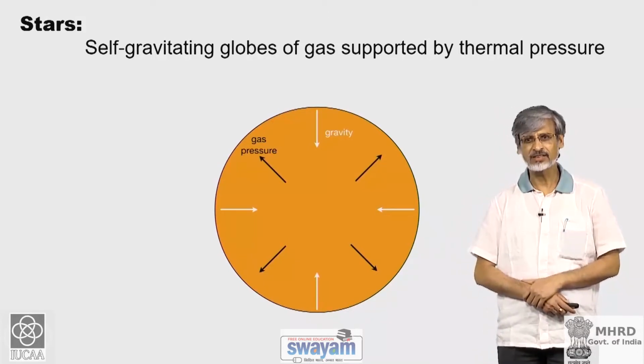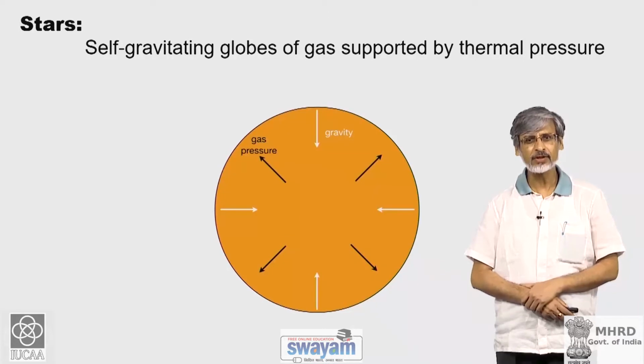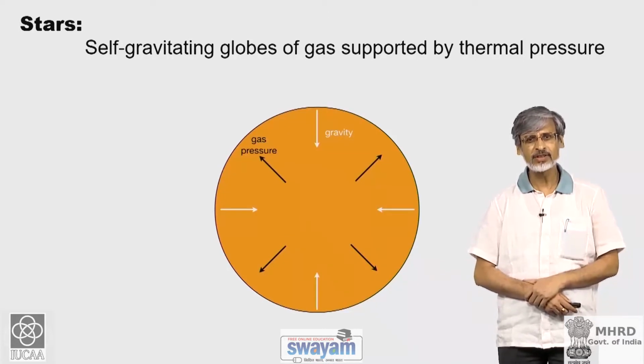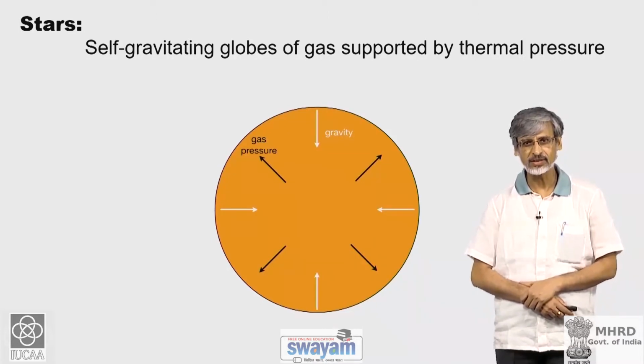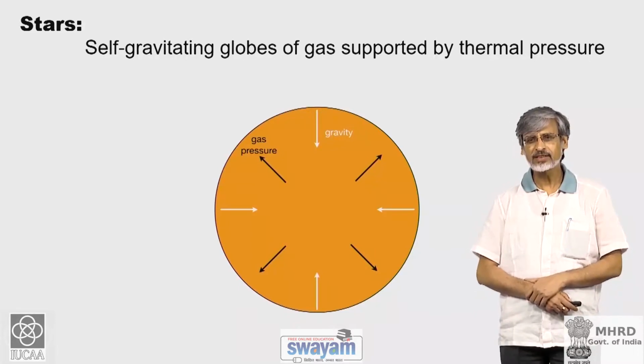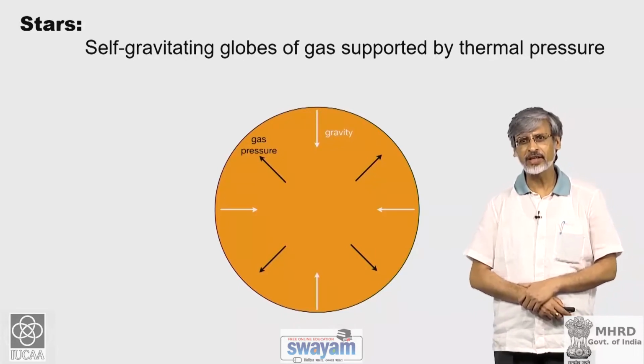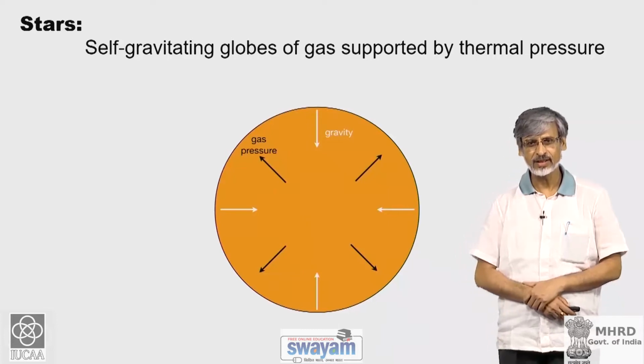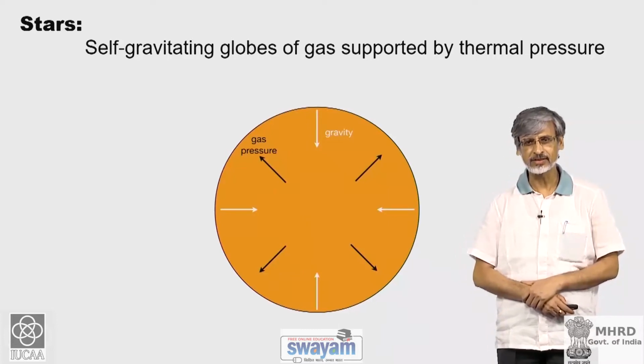Now, we see these stars, right. So, we see these stars because there is radiation coming from these hot objects towards us. So, where does this radiation come from? It comes from the energy that is contained within the star, and that energy is the thermal energy.